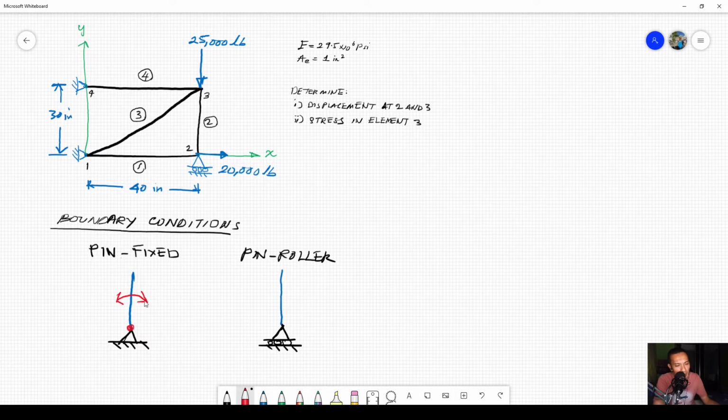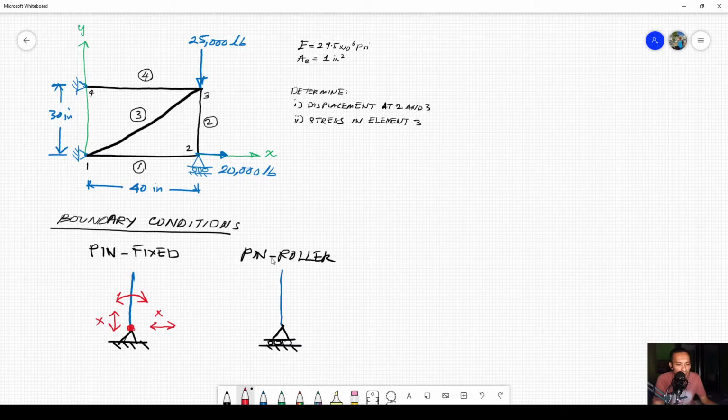But at this point, due to the fixed boundary condition, there will be no displacement to the left and right, and also no displacement in the vertical direction. So there will be no vertical and no horizontal displacement.